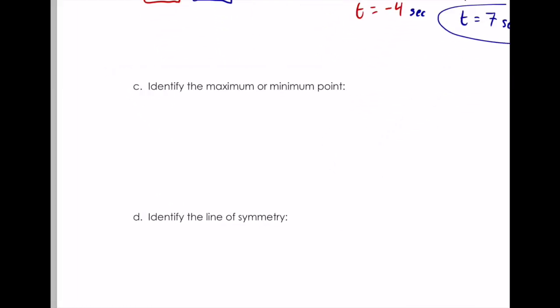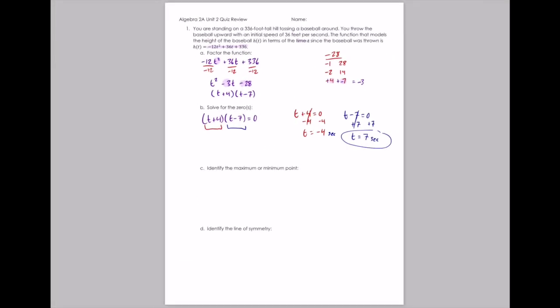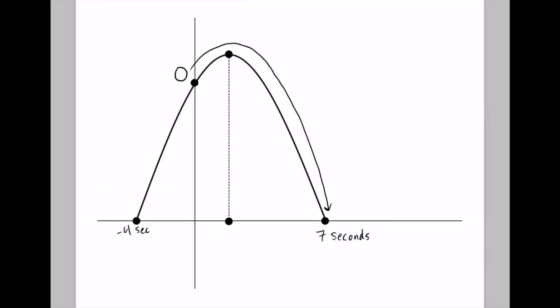Okay, now we want to identify the maximum or minimum point. So basically, what's the maximum height of the baseball? So looking back at our graph that we had from earlier, we know that our maximum point is here at the vertex. That's going to be our maximum. And I said that the vertex lies on that dotted line.